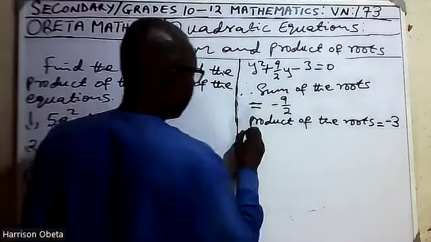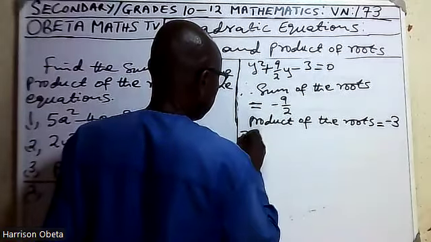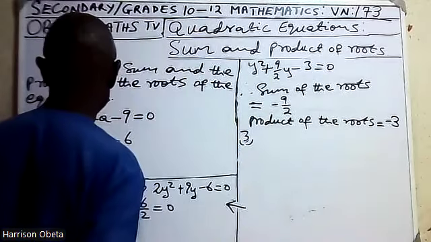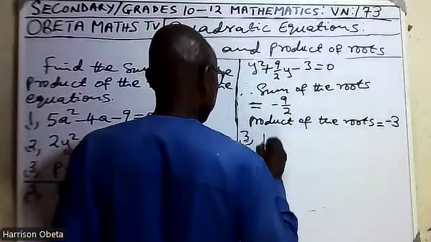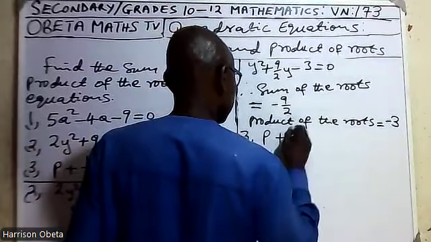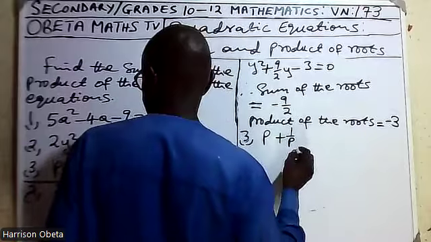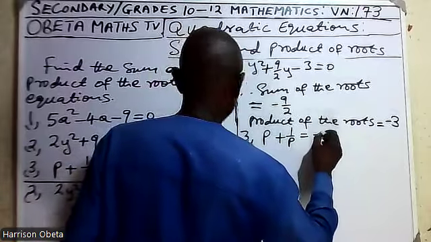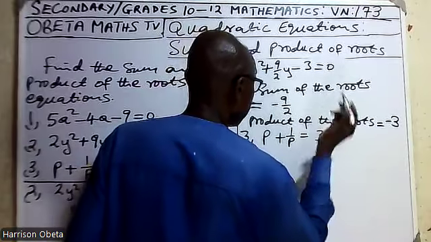Then question number 3 now. We have p plus 1/p is equal to 3.